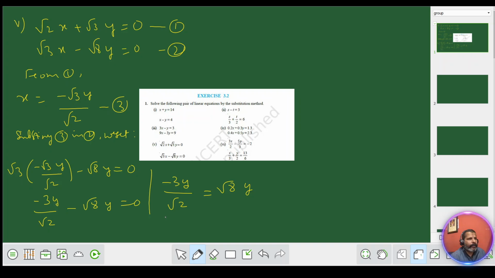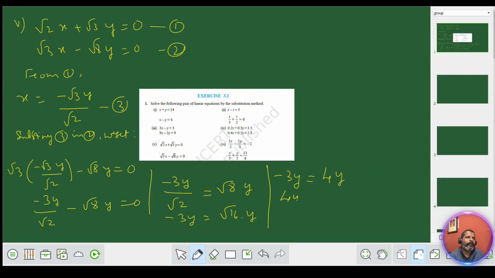You cross multiply, minus 3y equal to root 8 into root 2, which is root 16y, right? Root 16y. So minus 3y equal to root 16 is 4y. Transpose minus 3y to the right hand side.